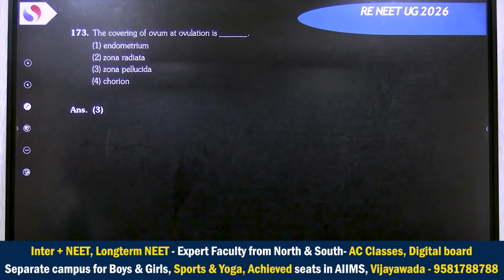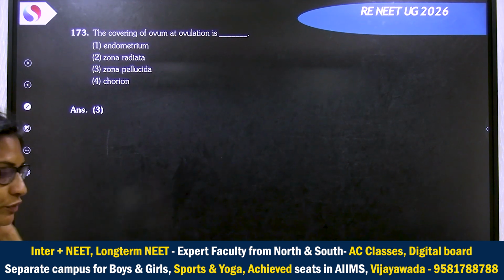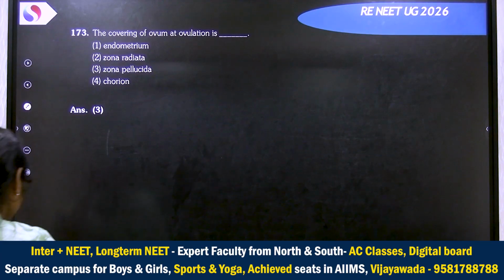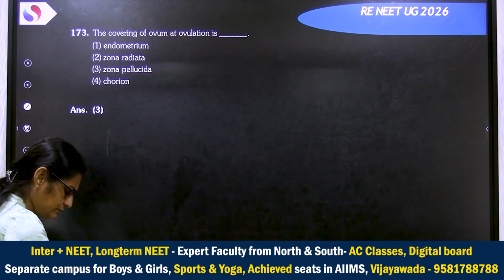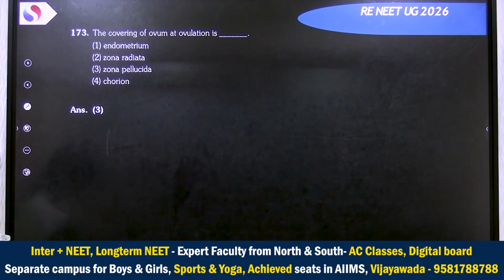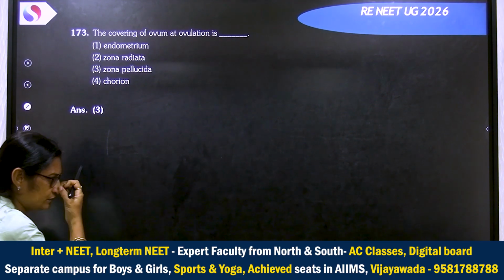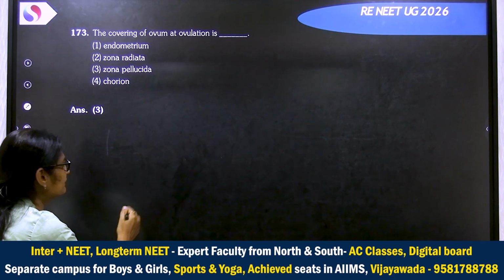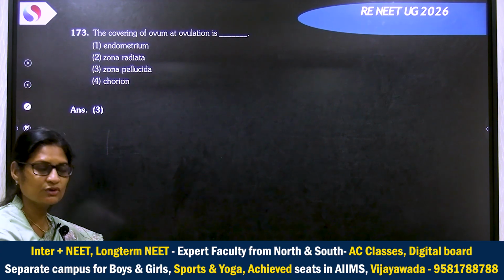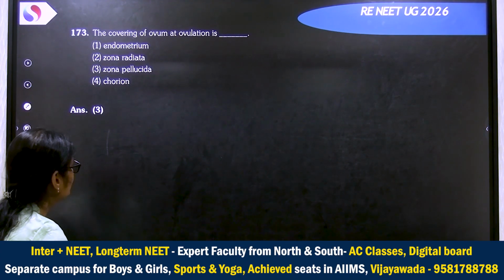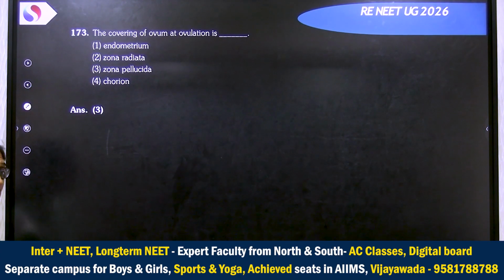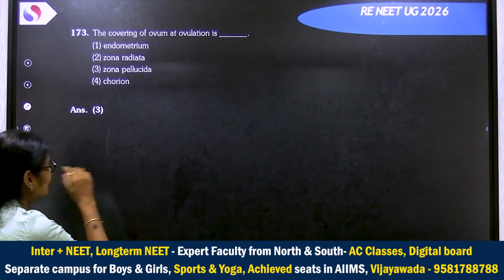Let's go with the next one. The covering of ovum at ovulation is... You would have read this while studying oogenesis. The primary oocyte surrounded by a single layer of cells is the primary follicle, many layers of granulosa cells is the secondary follicle, and then the Graafian follicle.